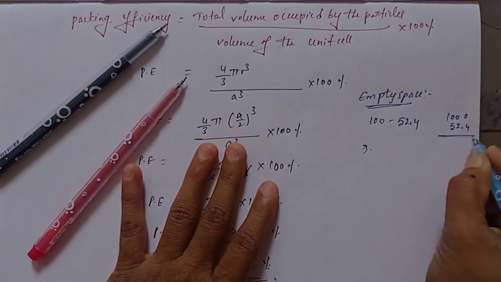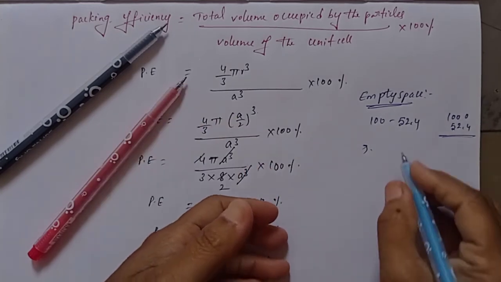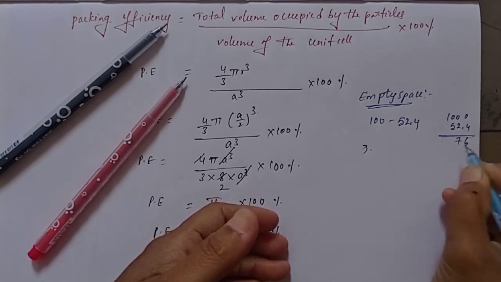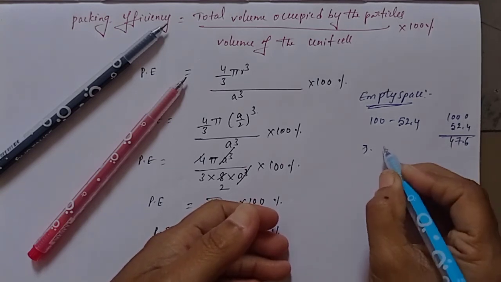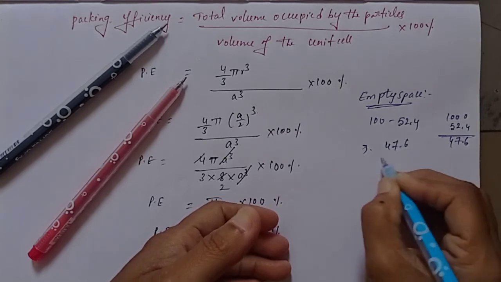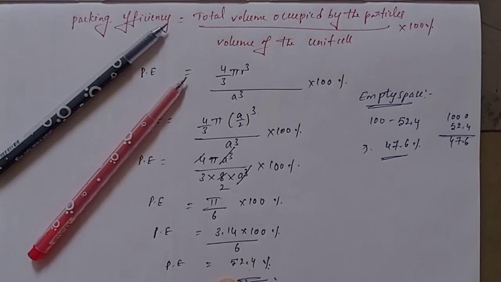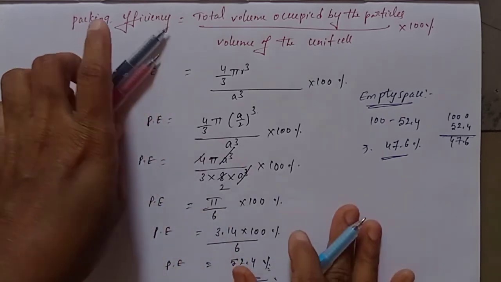Then how much will you get? 47.6. Clear? So 47.6 percent is the empty space. That means this much space is empty and 52.4 percent of the space is occupied by the particles, students. This is the packing efficiency in the simple cubic unit cell.